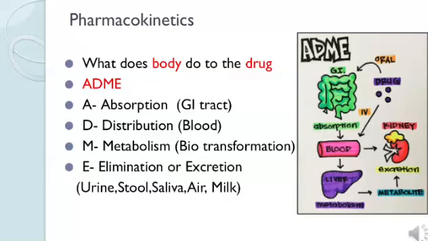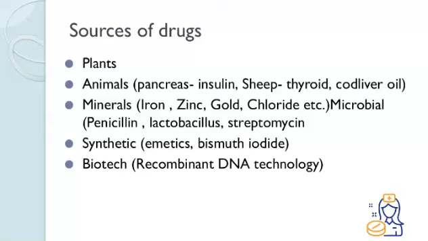So elimination happens in different ways, but most of it is through the kidney as urine, and some of the drugs may come out through stool, saliva, air, milk, and even a very minimal amount comes out through the sweat. So what the body does to the drug, we say it as pharmacokinetics. Pharmacokinetics is a mnemonic, ADME. A is absorption, D is distribution, M is metabolism and E is elimination or excretion.